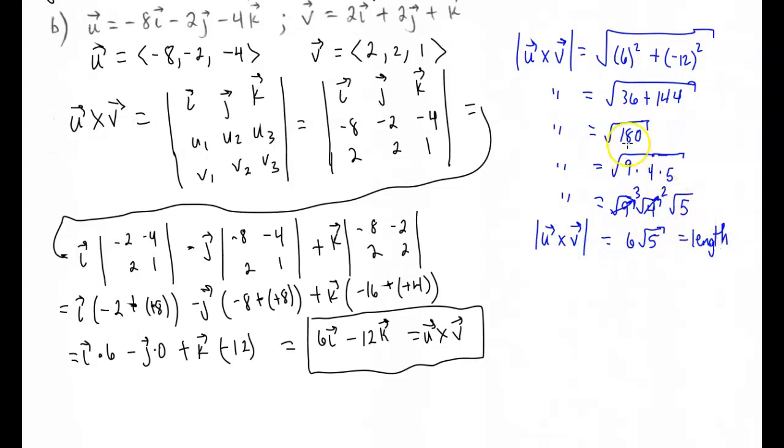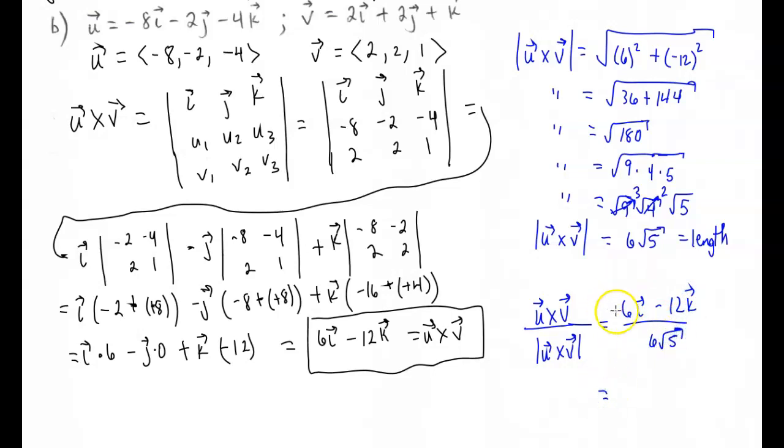Okay. So now that we have the length, we can now talk about the direction. And so the direction is just going to be the unit vector. Essentially this is just 6i minus 12k, all that divided by 6 times the square root of 5.